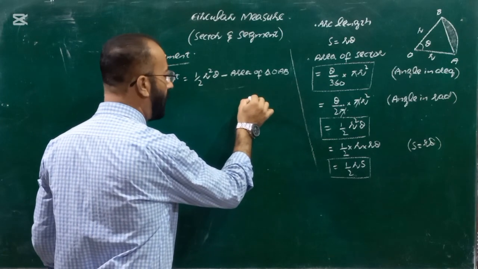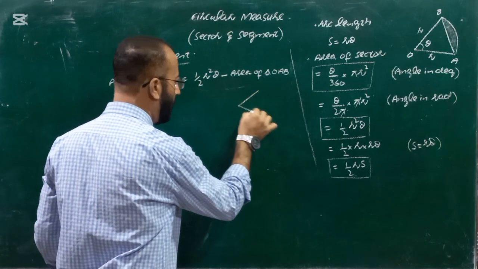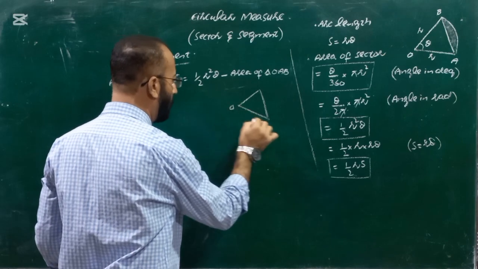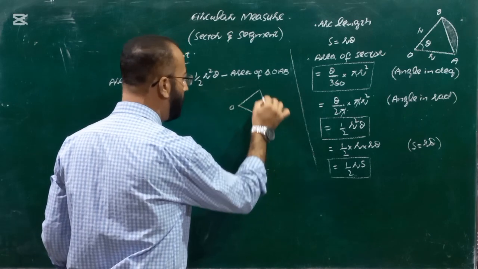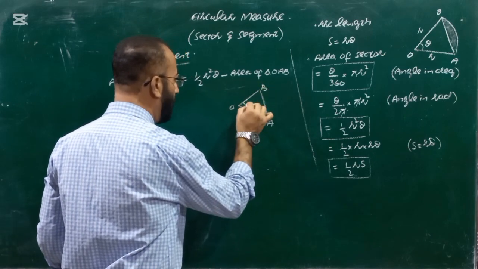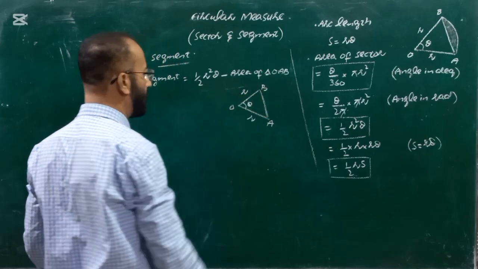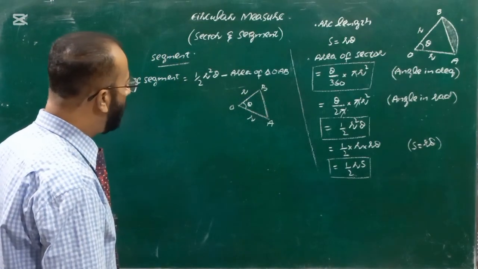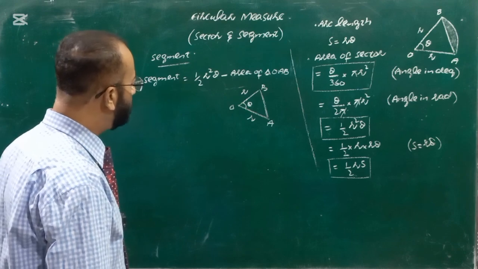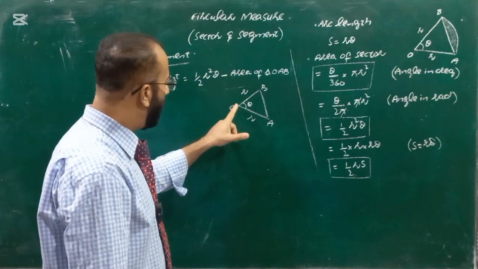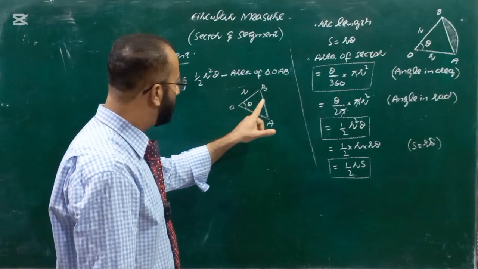Here is theta, here is R, here is R. Here is a triangle in which one angle is given at O and two sides are given.